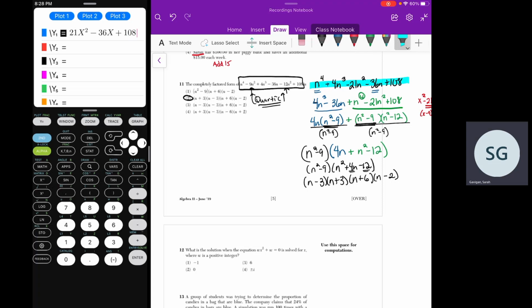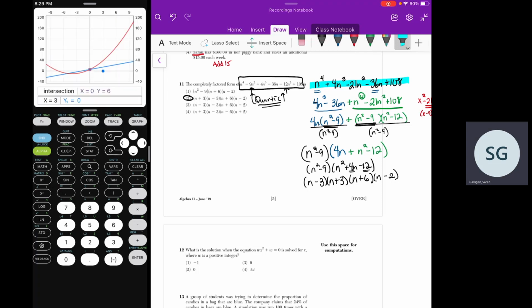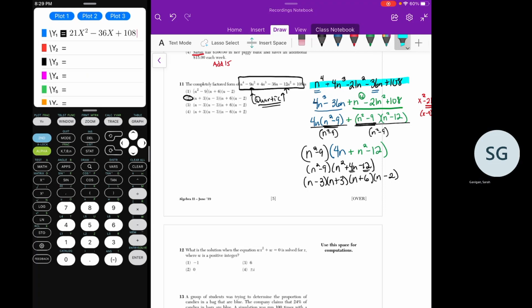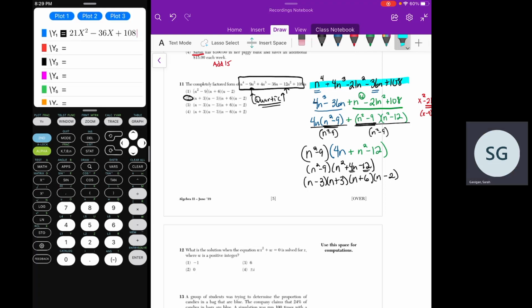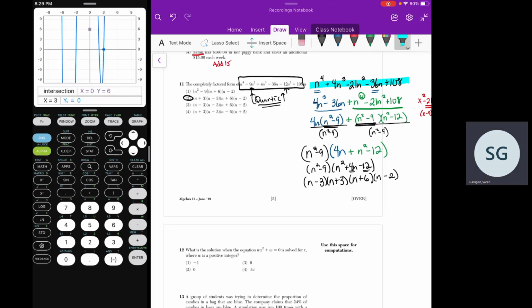Okay, now I know my graph isn't going to fit in the standard viewing rectangle. Why is that happening? There it is. Okay, so I'm not fitting my whole graph in the standard viewing rectangle.